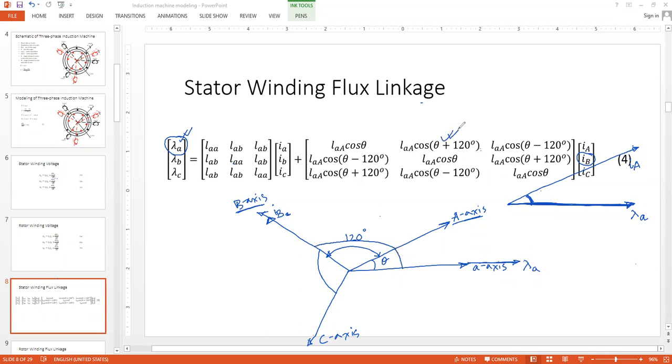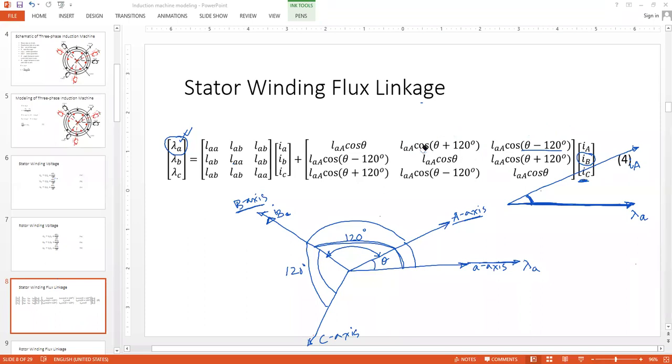Get it? And cosine 120 degree plus theta. IC, how much is this? 240 degree. Okay, 120 plus 120 plus theta. So you can either write it like theta plus 240 or theta minus 120. Because this is another jump, 120 degree. Got it?